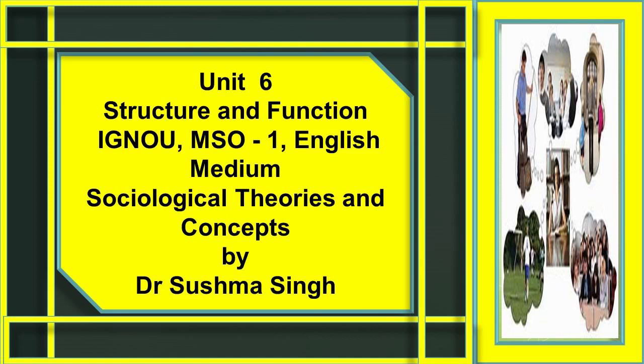In this view, the methods for the study of society come from natural and biological sciences. The aim of the study is to discover the laws of evolution as well as the laws of functioning of society. How has the society evolved with the passage of time, and what are the various stages through which it has passed, and how does the society function at a particular point of time?